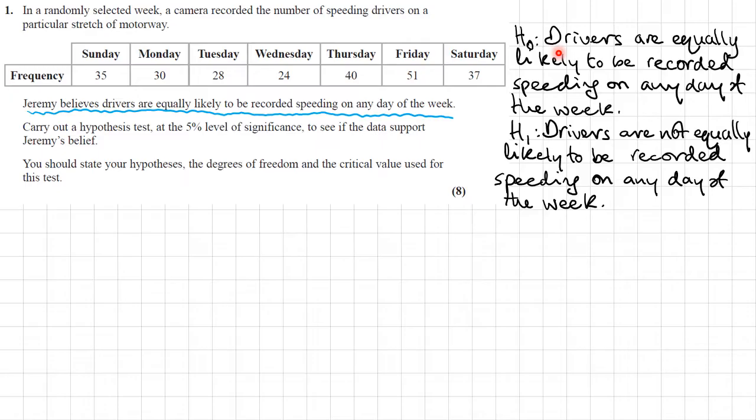So H0 is drivers are equally likely to be recorded speeding on any day of the week. We're literally just copying out Jeremy's belief here. And H1, drivers are not equally likely to be recorded speeding on any day of the week.